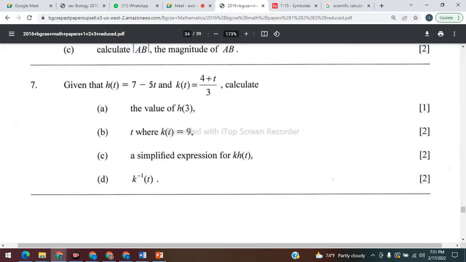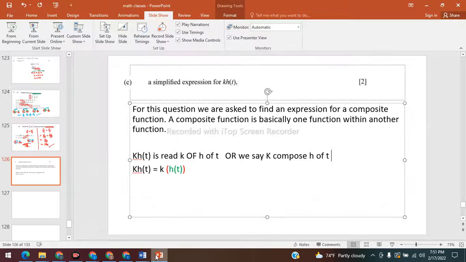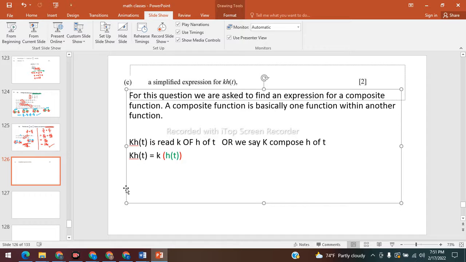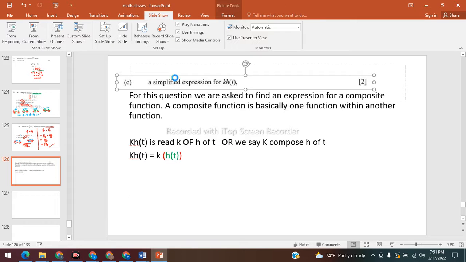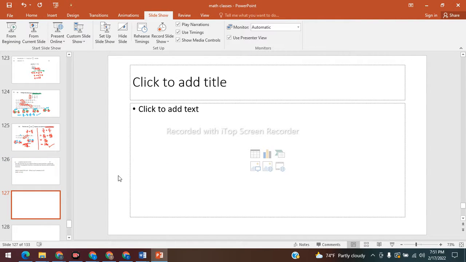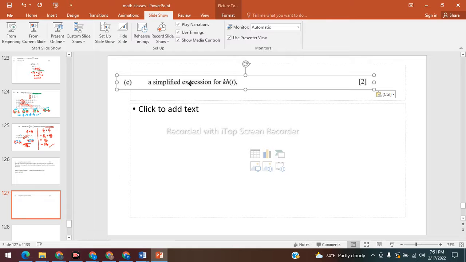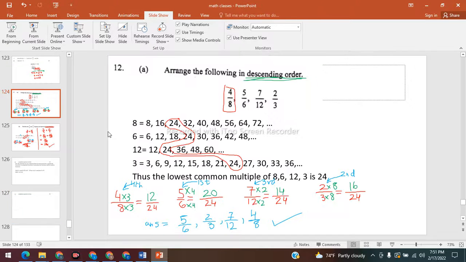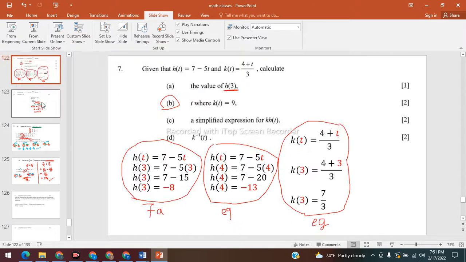So remember that k of t is this function.